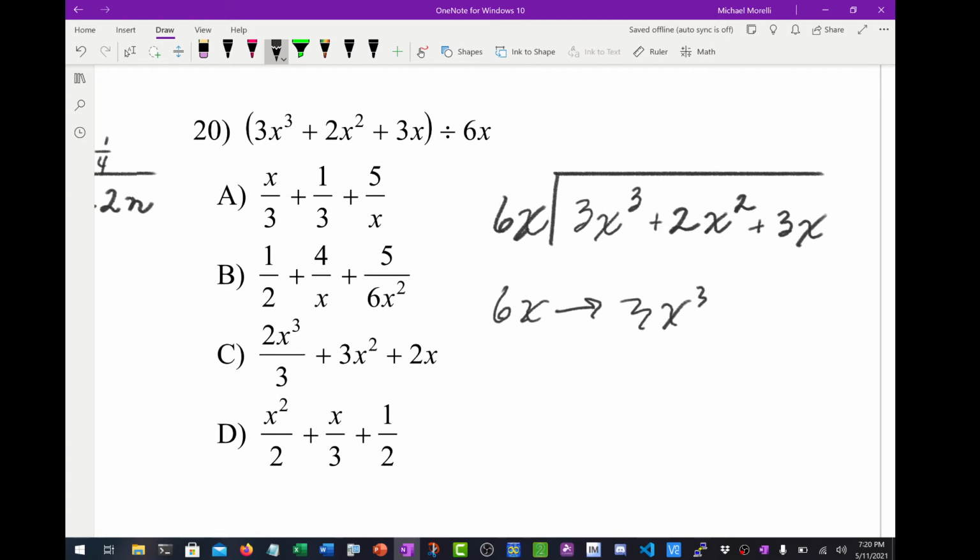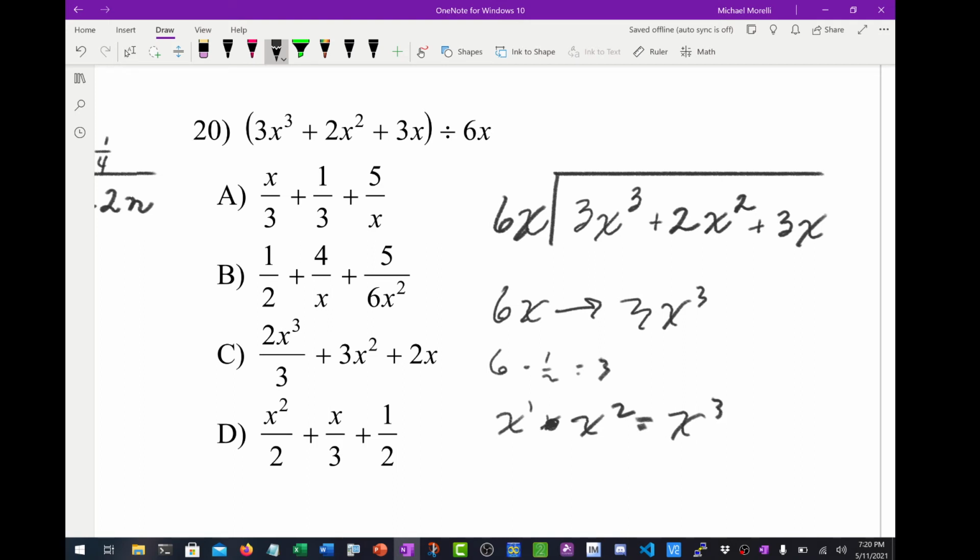Okay, so in order to turn the 6 into a 3, I need to multiply by 1/2. Okay, so part of my answer is going to be to take 6 and multiply by 1/2, and that's going to give me 3. And to turn the x into x cubed, I need to multiply that x times x squared, and that will give me x to the 3rd power.